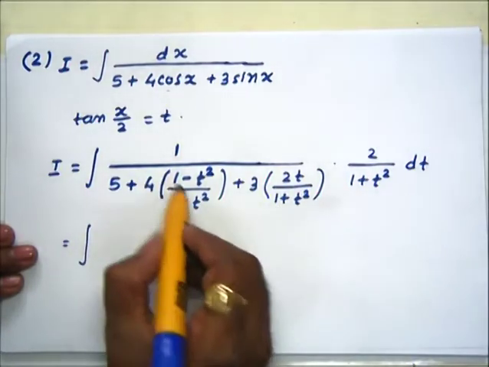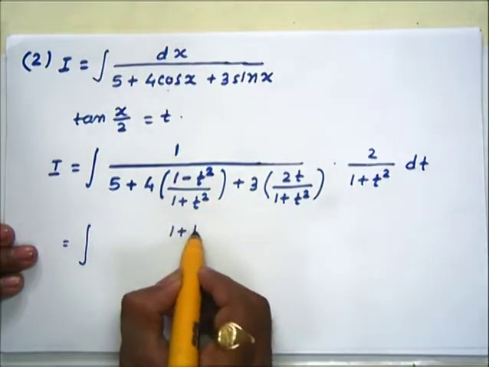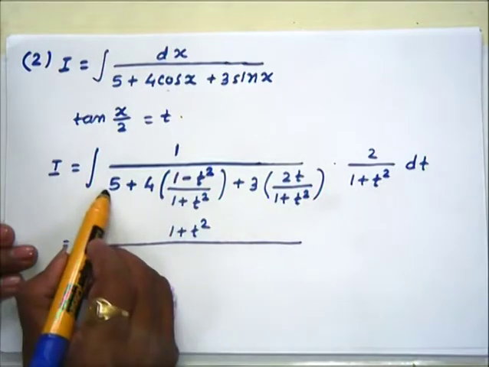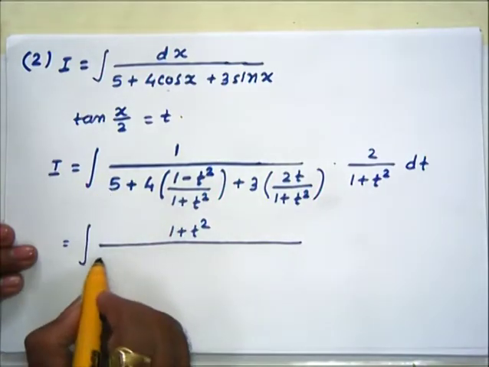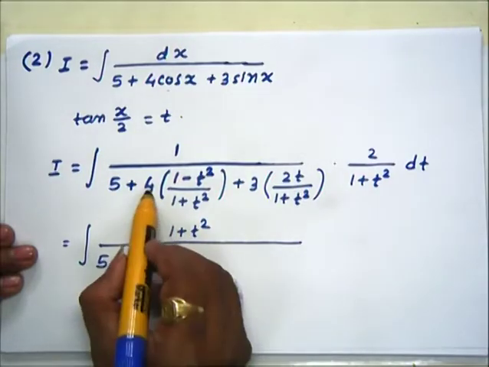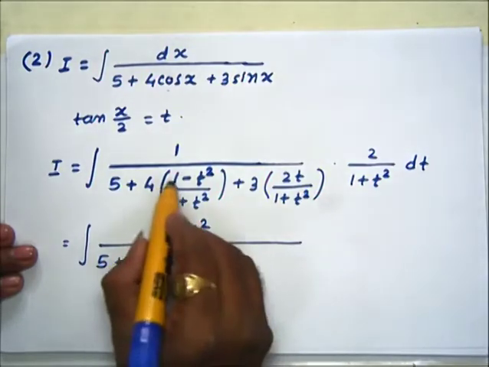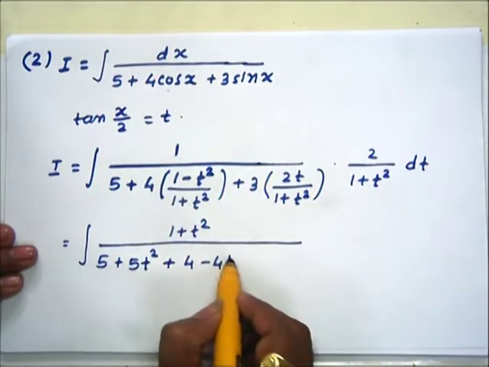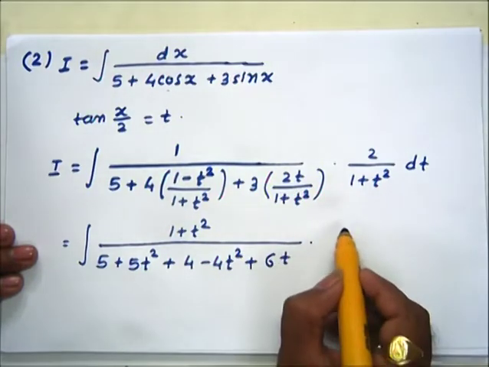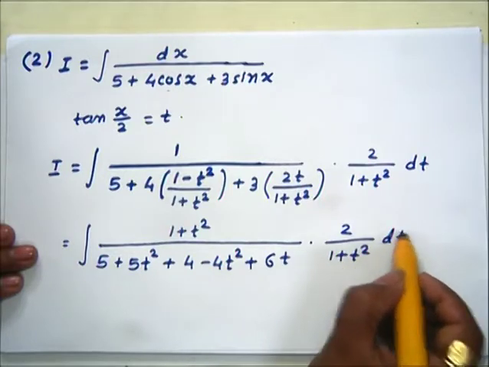So 1 plus t square will multiply with 5, so 5 plus 5t square, plus 4 into 1 is 4 minus 4t square, plus 3 into 2t is 6t, into 2 upon 1 plus t square dt.